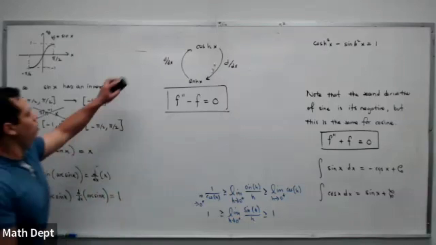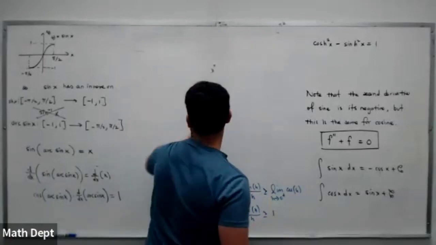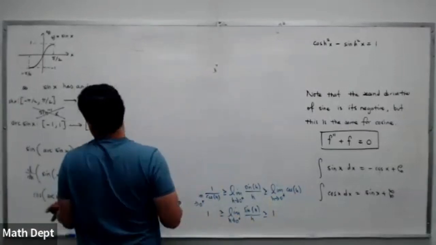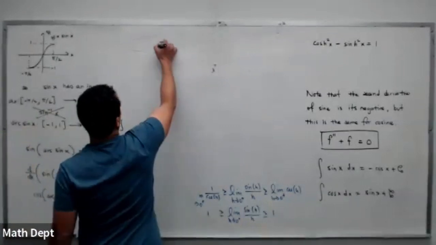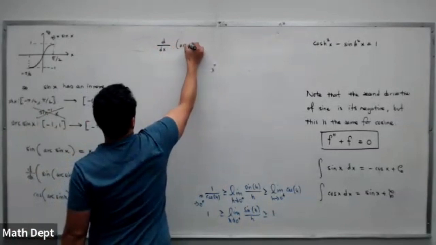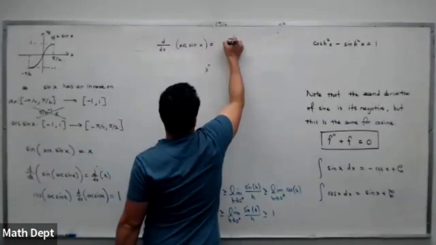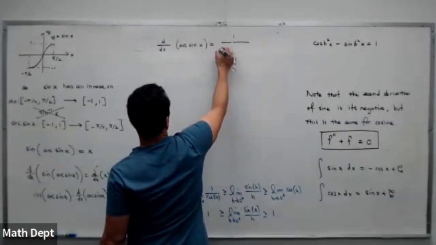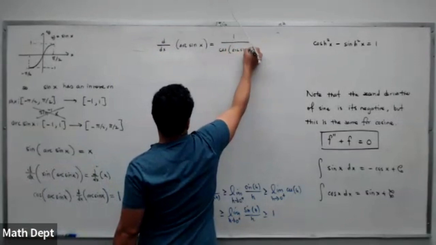So just from here, look at this expression. I have the derivative with respect to x of arc sine of x is equal to 1 over cosine of arc sine of x.